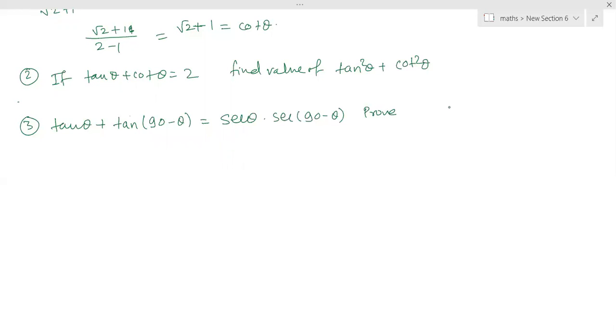How to prove? Shambhavi? Ma'am, can I solve and let you know?